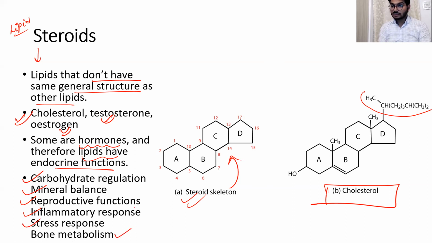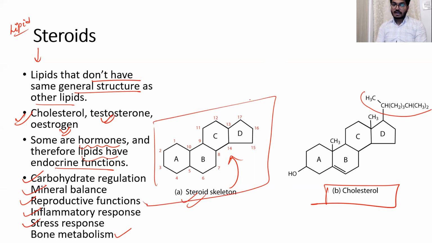So these are the steroid-related hormone functions. Simply, these are lipids which do not have the specific structure like the other lipids, but are a different kind. This is the basic structure of the steroids. If there is a modification, let's say you add a CH3 group or any specific group, based on this you get a specific steroid molecule. So mostly the steroids are hormones.